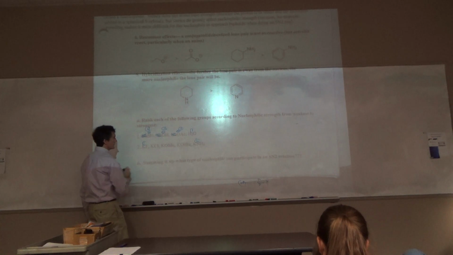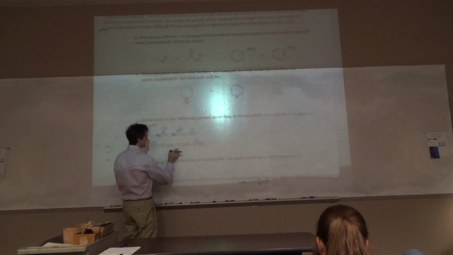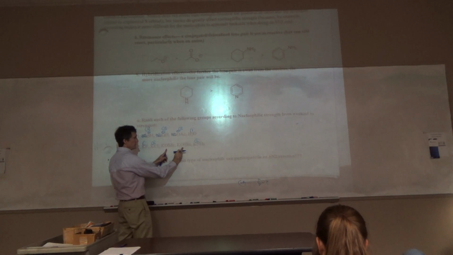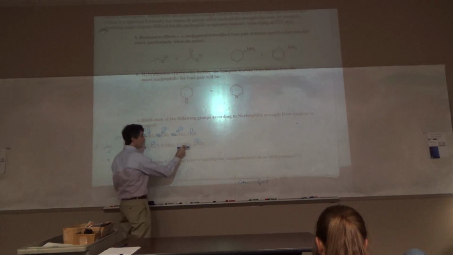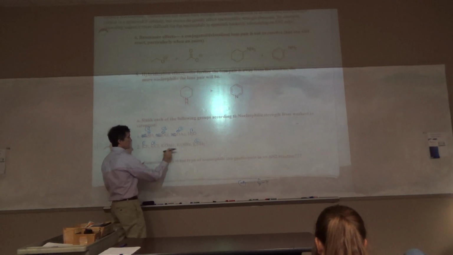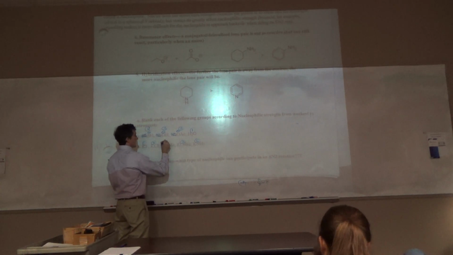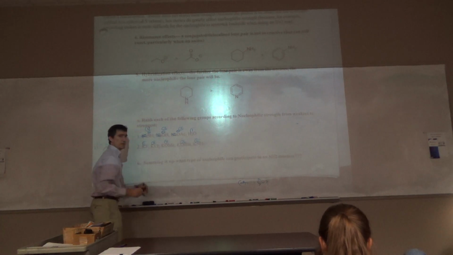Then what? Then that one. Which is weaker between these? This is pretty straightforward here. They're both oxygen anions. What's the difference? They both have the same hybridization. They're both oxygen. What's the difference? This has a t-butyl group. Big t-butyl group right there next door, like a big old wing. Sterically hindered. That's worse. So it'd be 3. Then this guy. That's the strongest, nitrogen.